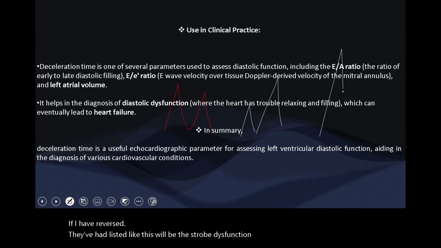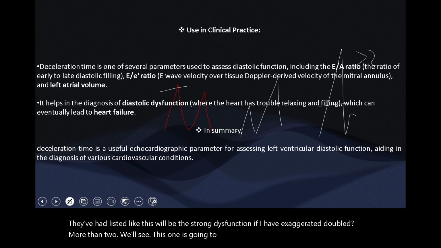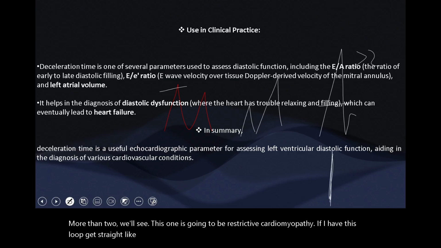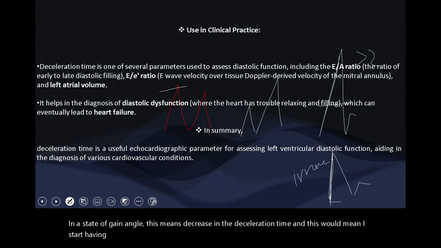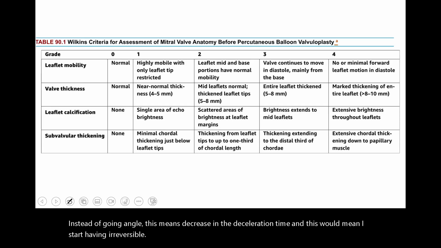If I have it exaggerated, doubled, more than 2, this is going to be restrictive cardiomyopathy. If the slope gets straight like this instead of a gentle angle, this means a decrease in the deceleration time, and this would mean I start having irreversible restriction, which is going to be more severe.